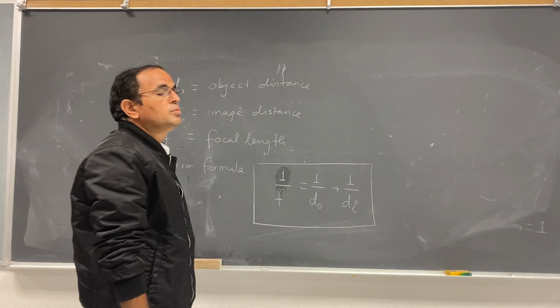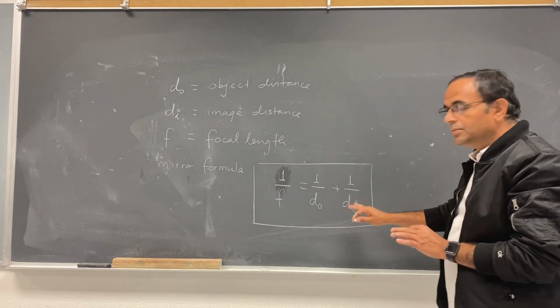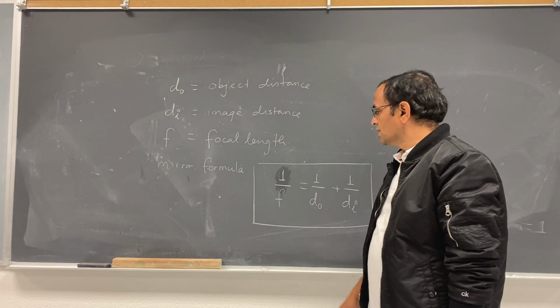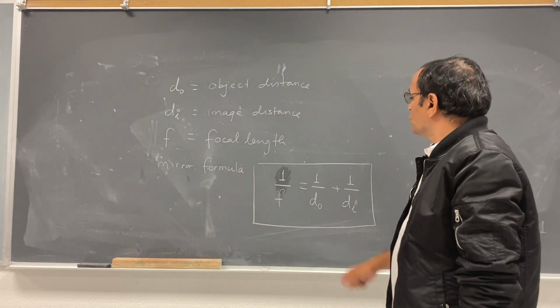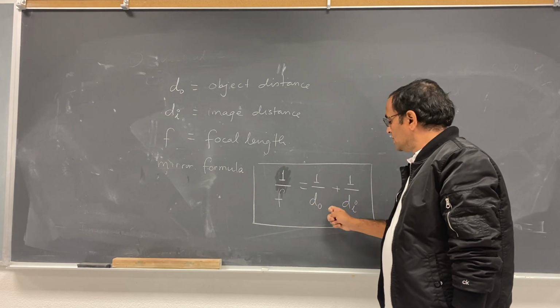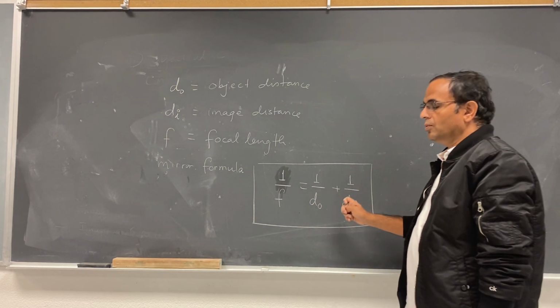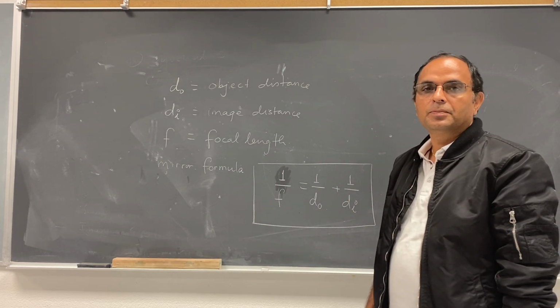So this is the mirror formula. This formula is really simple. We can prove this also, but the proof is not that important. If I get time, maybe I can prove this in my next lecture. So 1/f = 1/d_o + 1/d_i. Mostly you need this formula to solve numerical problems.